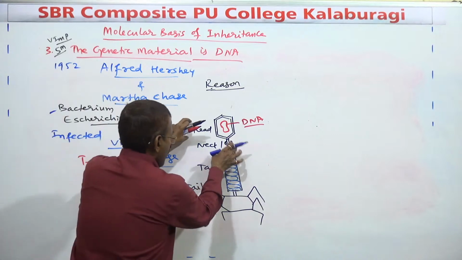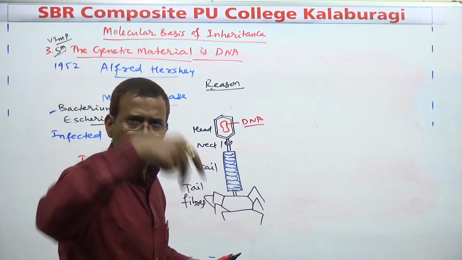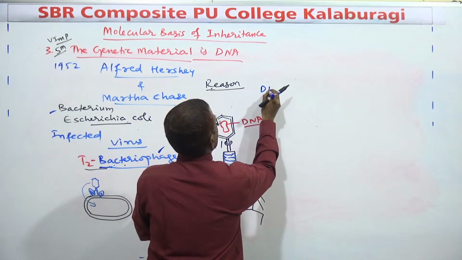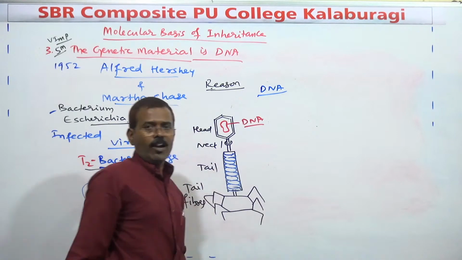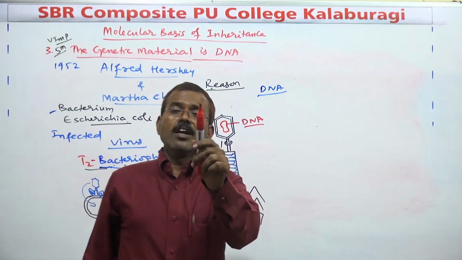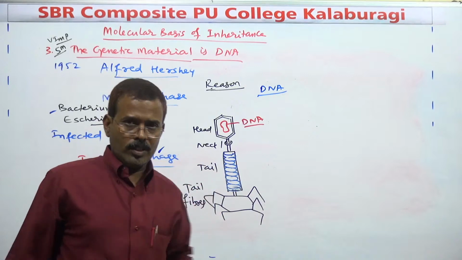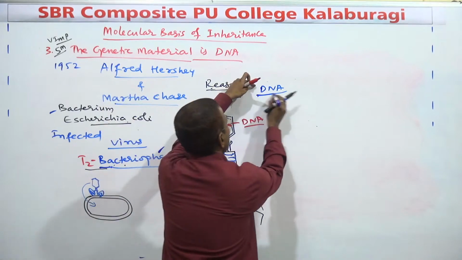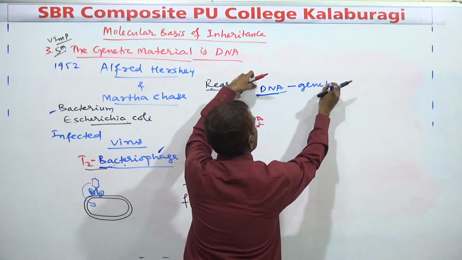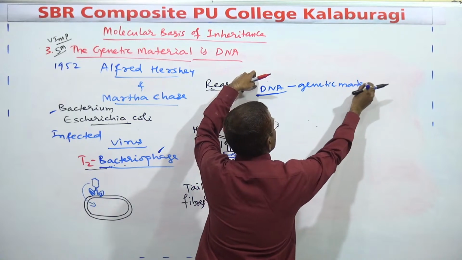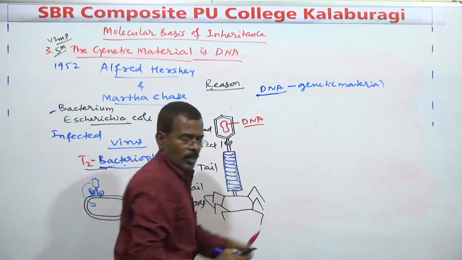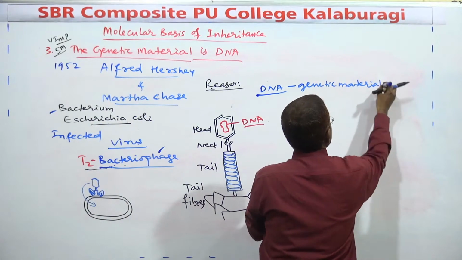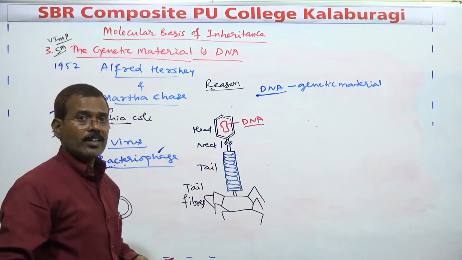This bacteriophage has mainly two components. One is the genetic material DNA, deoxyribonucleic acid. Usually linear, double stranded DNA will be there. So that is one component which acts as genetic material and controls the hereditary characters.